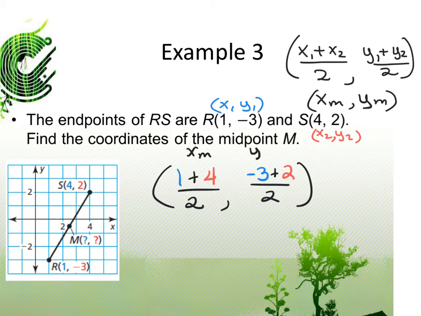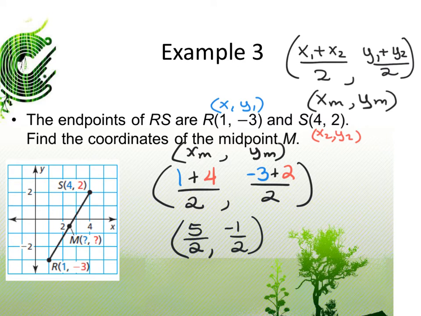That's going to give me the y of the midpoint. So let's do the math. For the x of the midpoint, 1 plus 4 is 5, so 5 divided by 2, and then negative 3 plus 2 is negative 1, over 2.